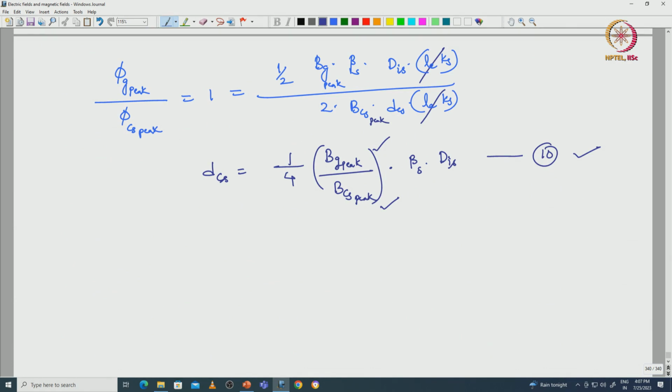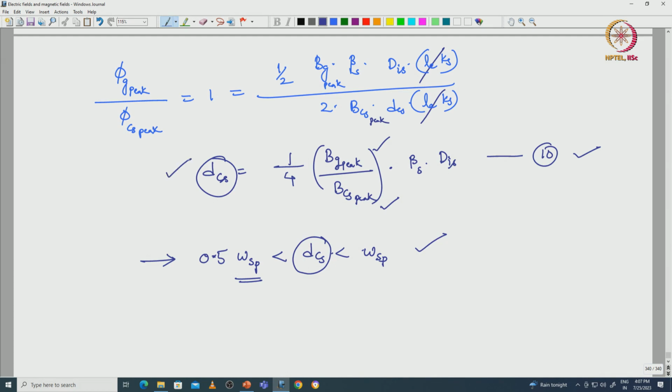Generally, the back iron width or depth DCS is equal to 0.5 times the stator pole width, and DCS lies in the ratio 0.5 to 1 with respect to the stator pole width. That is, DCS should be in this range as per the empirical relation.